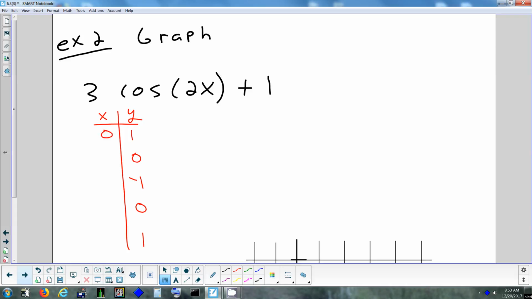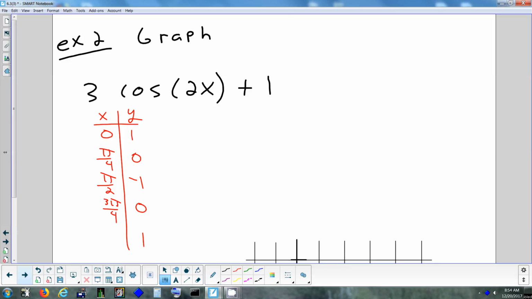So the first value is 0, it stays 0. The next one, what's half of pi over 2? Leo? Pi over 4. The next one would be half of pi, which is pi over 2. The next one would be half of 3 pi over 2, which would be 3 pi over 4.